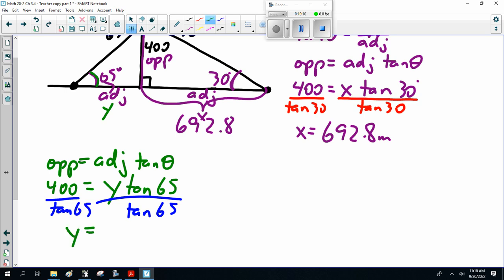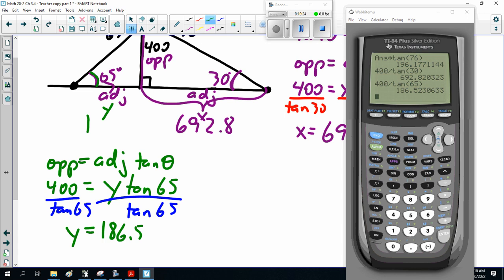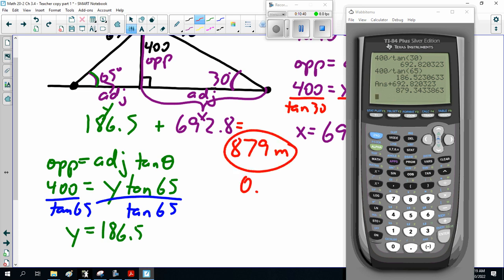Y equals 400 divided by tan of 65. That's 186.5. Add those together, you get a total of 879 meters. That's 0.88 of a kilometer. Okay?